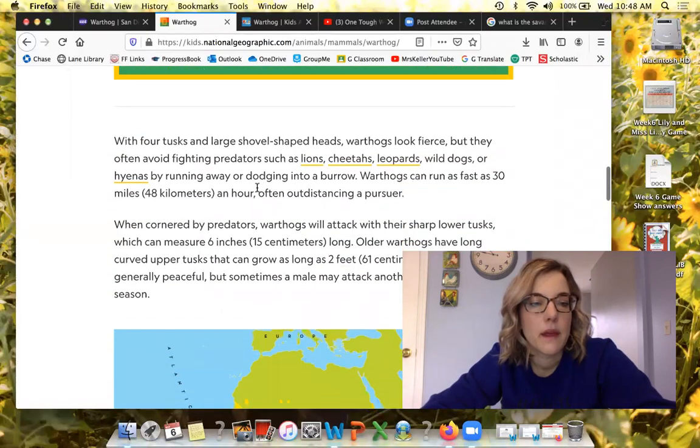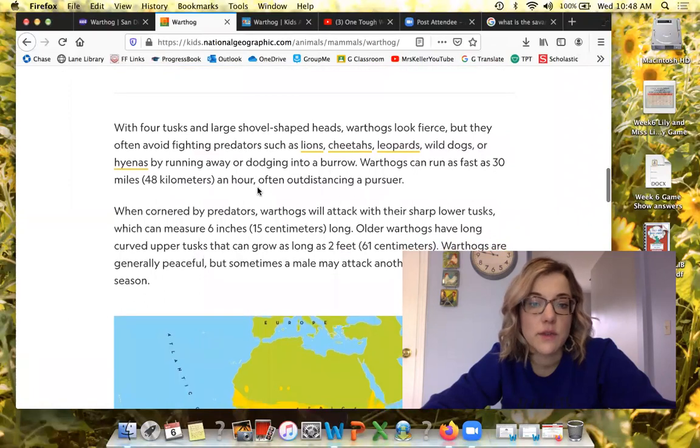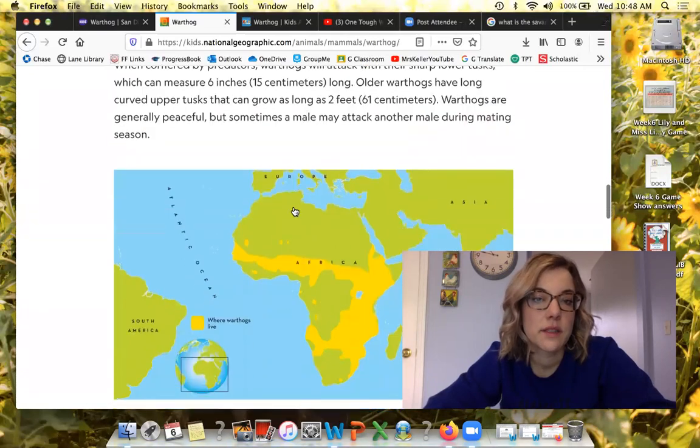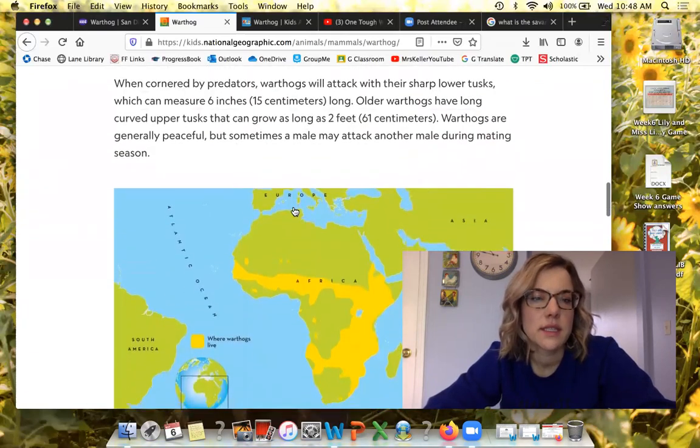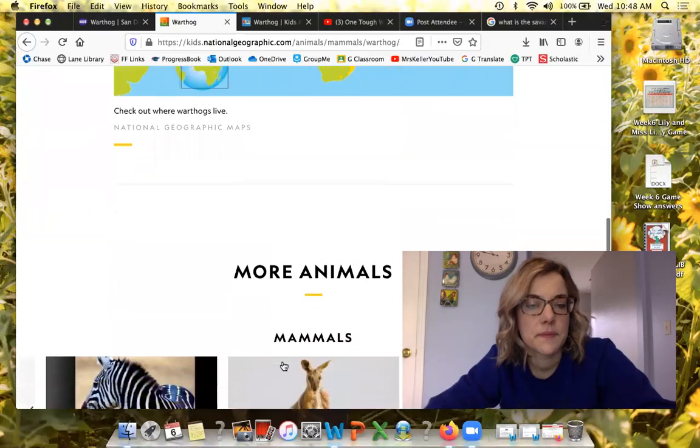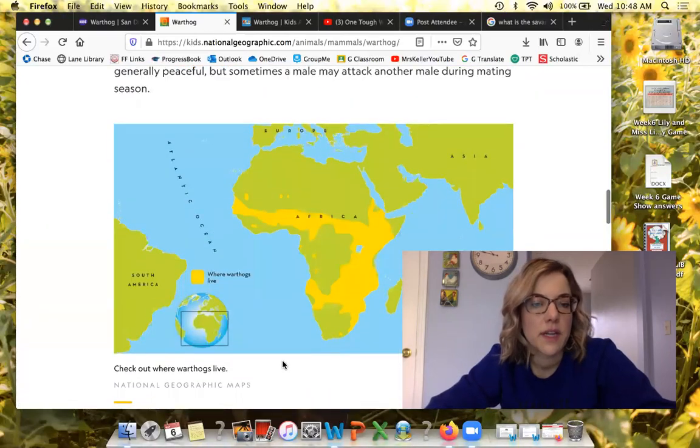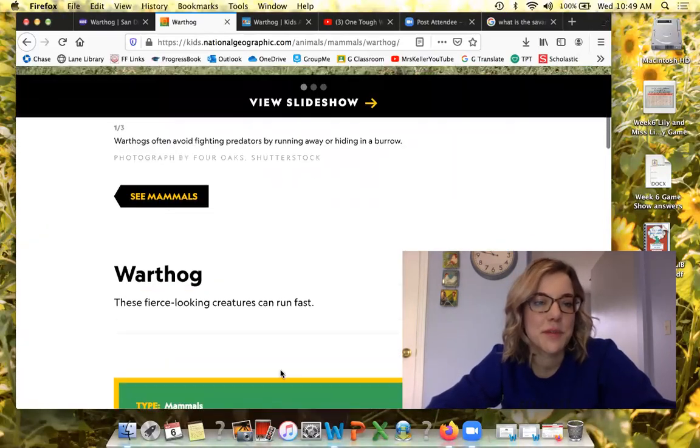Okay. There aren't headings so far on this page, so I'm just going to scan. I'm not going to read everything, but I'm going to look for information about where they live. Predators, tusks. Wow, National Geographic Kids doesn't have too much information.